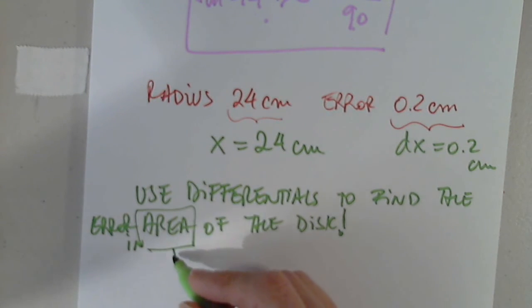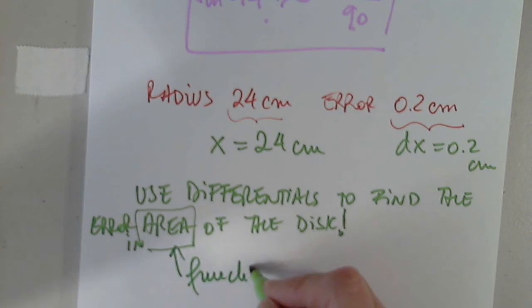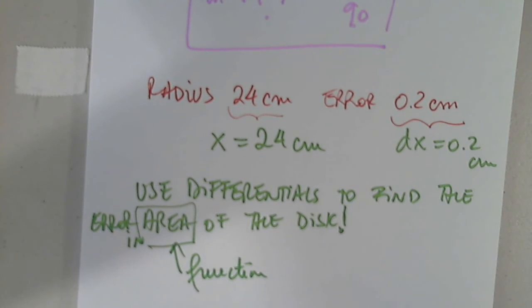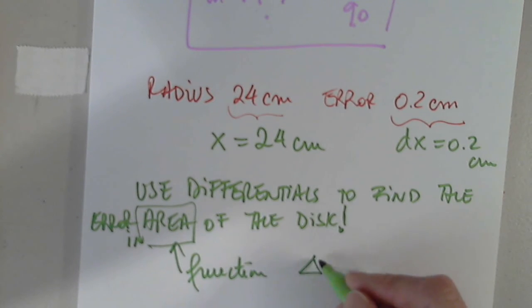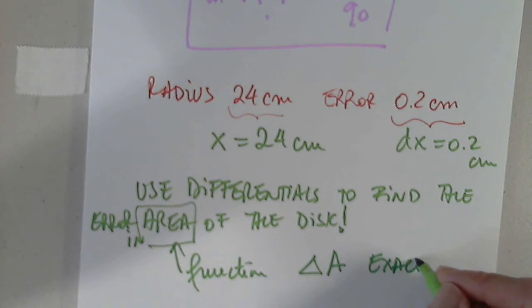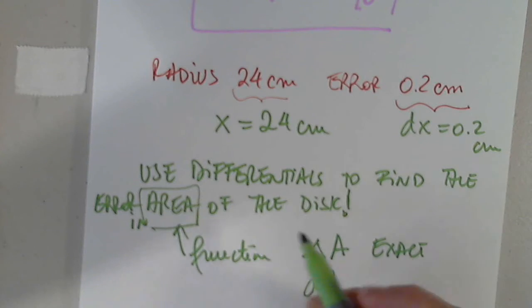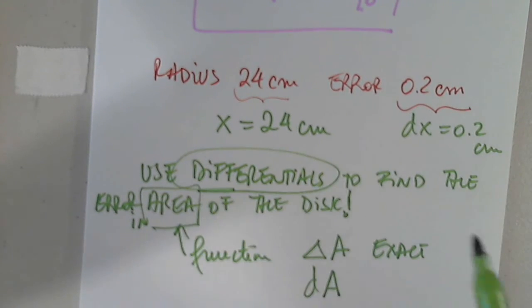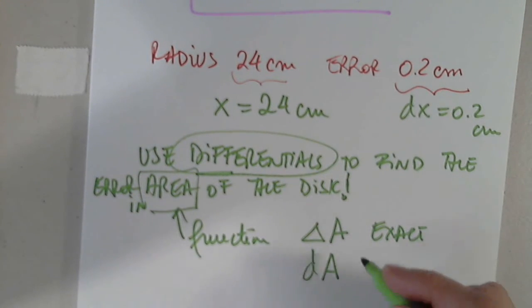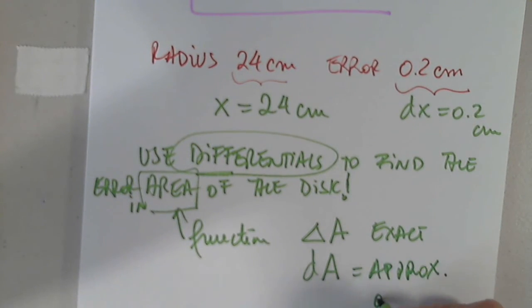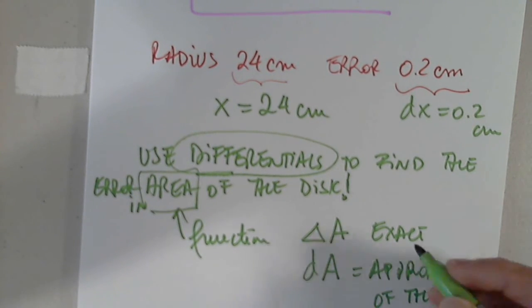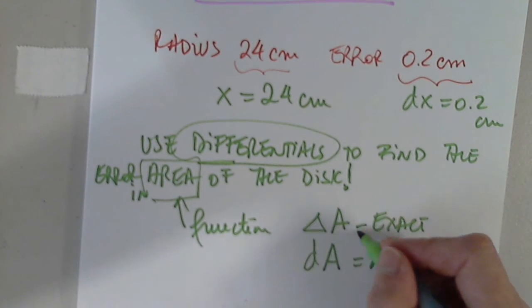The area is our function. This is what we are asked to determine. So I'm asked to find not delta A, which is the exact, but dA, because it says use differentials. dA is the approximation of the exact difference, delta A.